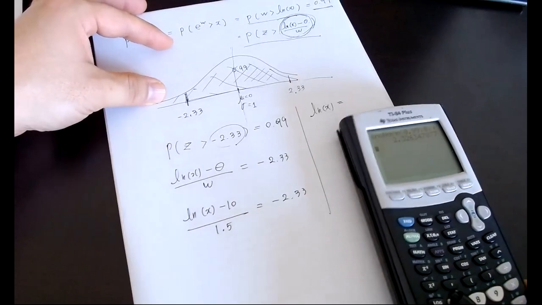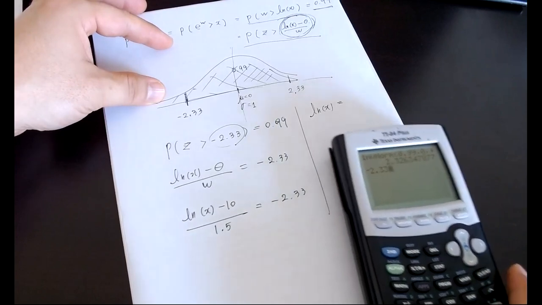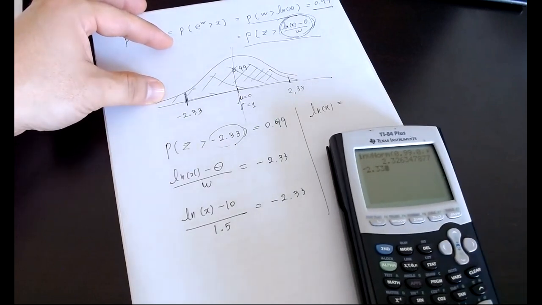It's going to be negative 2.33 times 1.5, and then plus 10. So I got 6.505.